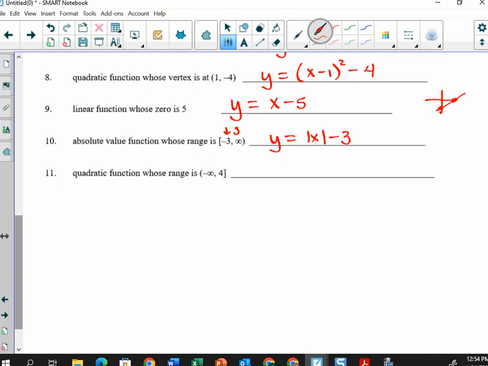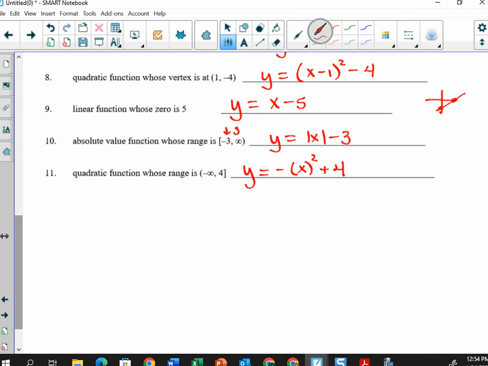Last one, your range is negative infinity to 4. You are flipping it. And then going where? Plus 4, yes. Plus 4. Okay. Because the negative is not attached to x. It's not in the parentheses, no, because that would change it. That'd actually make it a positive.